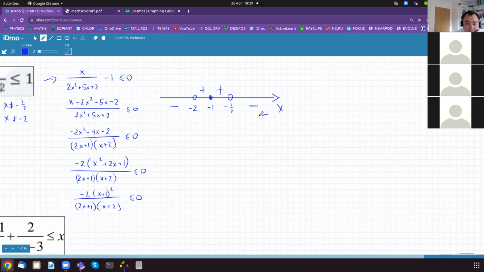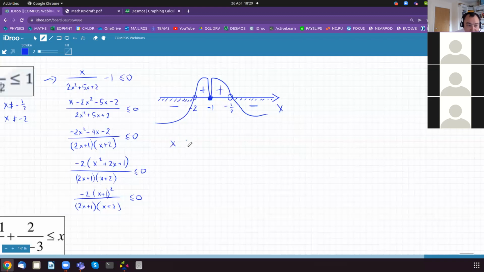So now the line goes down, touches, like this. So basically what happens is the graph touches the axis at this point, and we need the negative values, these ones, and -1, because when x is minus 1 the expression is 0.